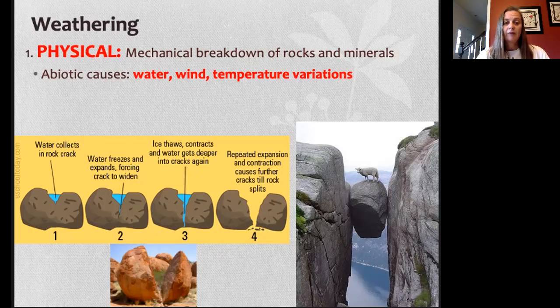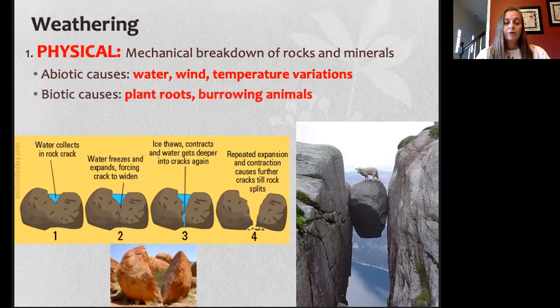We also have physical weathering through wind and through changes in the water around it. We also have biotic causes of weathering. And so those are things like the roots of plants pushing their way down into those cracks and forcing those cracks wider open, but also burrowing animals.